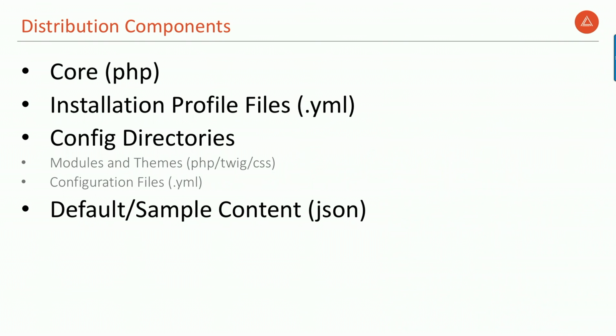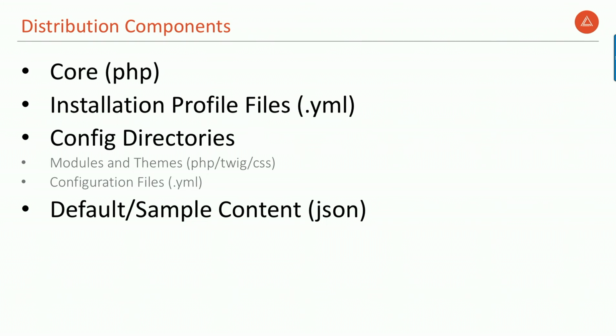All right, so what are the components of a distro? A distribution is really made up of 4 main components. So you have core, of course, which is all your PHP code that's coming in from Drupal in Tarball or via Composer. Your installation profile files, which is a directory of 3 files that tell Drupal what to do when it cranks up.